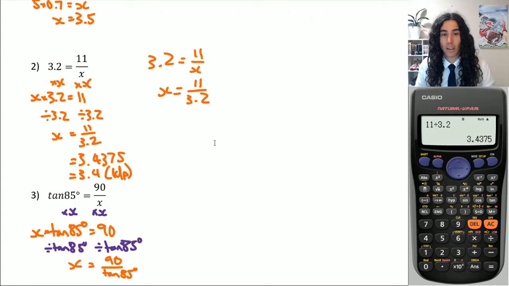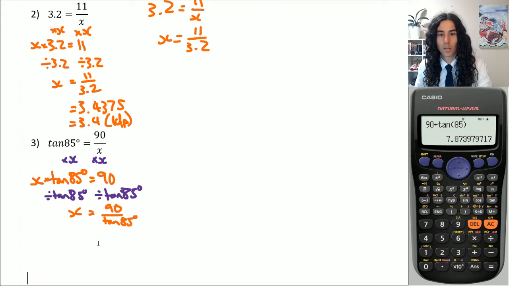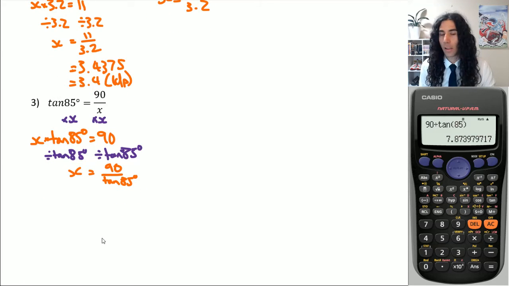But for this exercise, this question, 90 over tan 85 is equal to that. 7 point, and I will write the full thing out. 7.87.